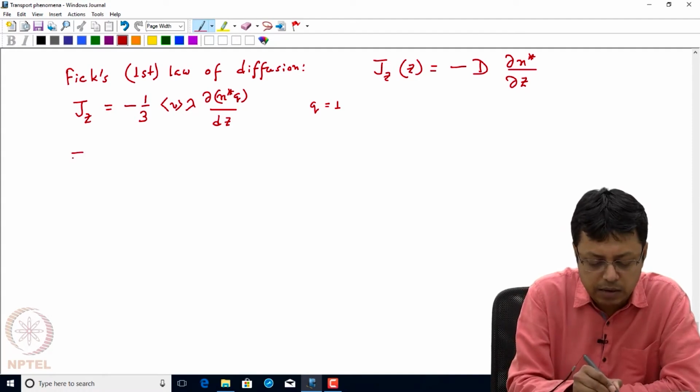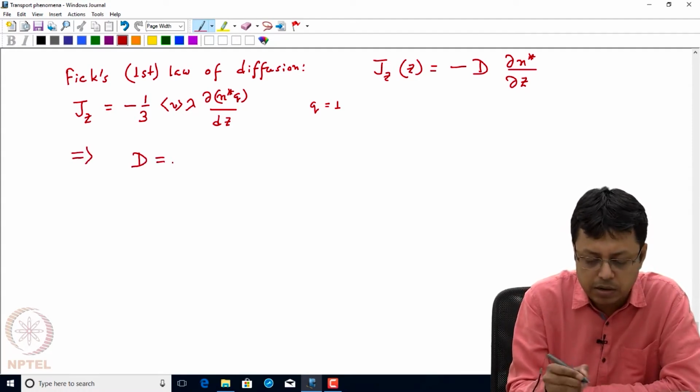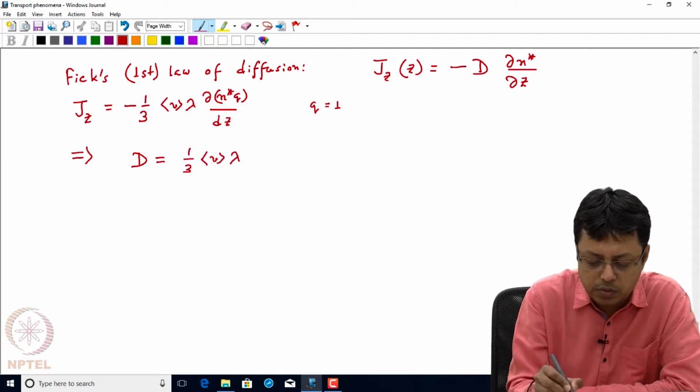So you can readily figure out what D is, and the diffusion coefficient comes out to be 1/3 V average into lambda, which is very straightforward.